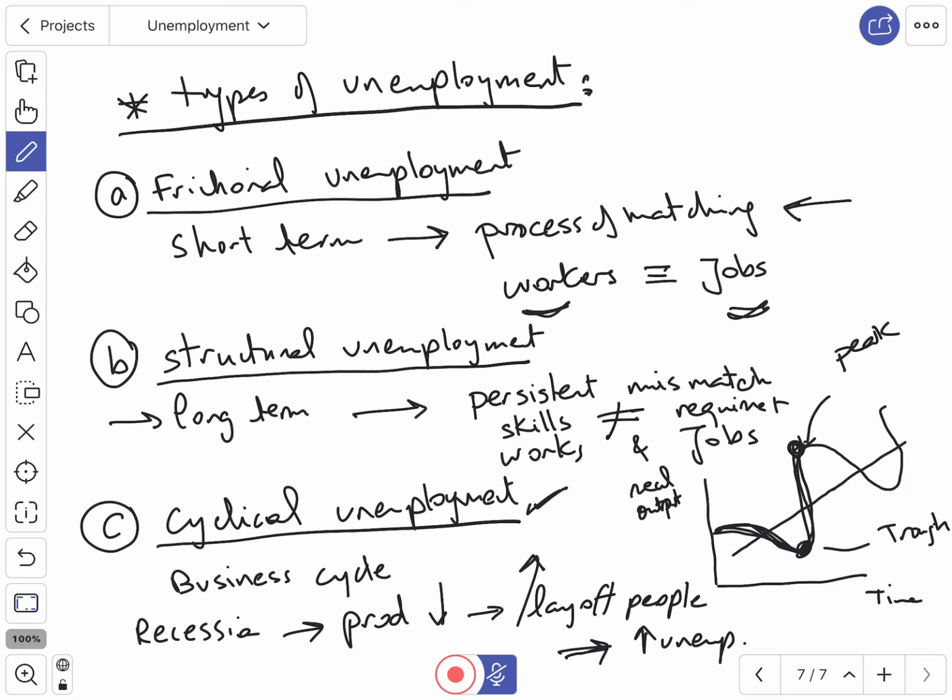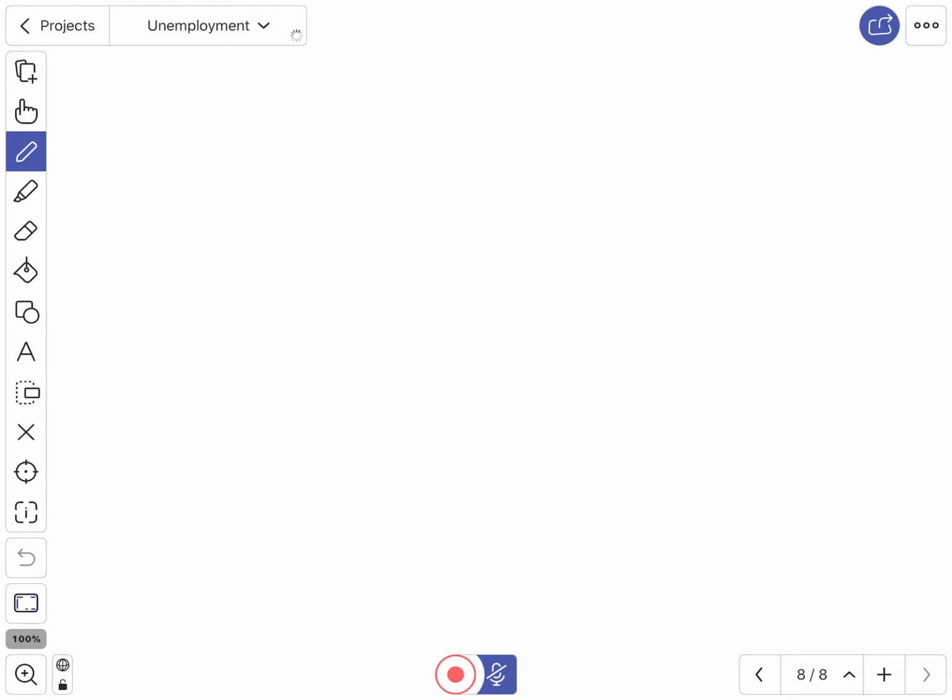Okay? So whenever we count unemployment, we have to take into consideration how much I have as frictional, how much as structural, and how much as cyclical, because the three combined would give me the level of unemployment. Okay, so one of the important terminologies used in macroeconomics is called full employment.